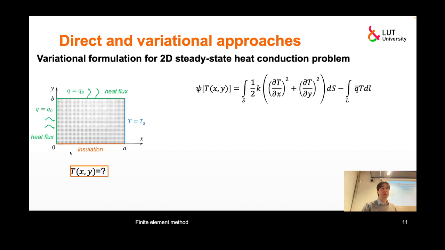Okay, so this is the problem you are already familiar with from our previous discussion, and we are looking for the distribution of temperature. Temperature as a function of two coordinates x and y. And for this type of problem, for heat conduction problem, the functional for variational statement will look like that. I'm not proving that, but you can find this proof in the book by Bathe, for instance.